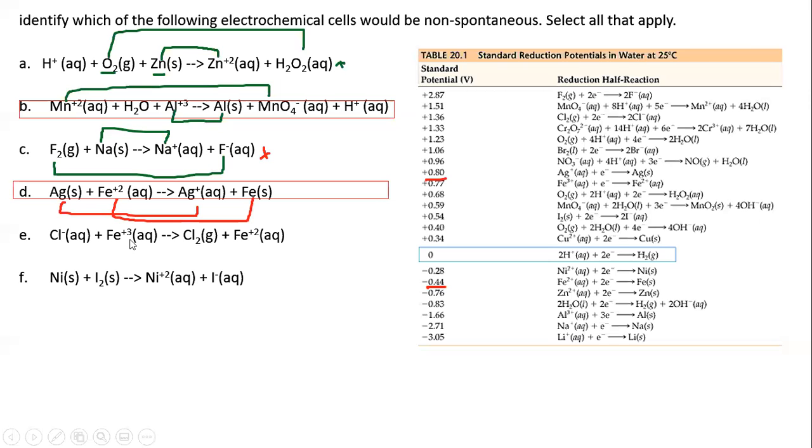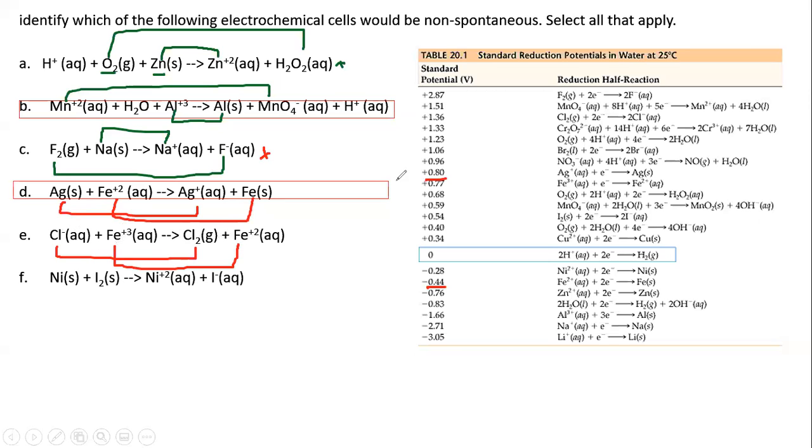Next we have chloride plus Fe3 plus gives us Cl2 and Fe2 plus. So again we have chloride oxidized to Cl2 and Fe3 plus reduced to Fe2 plus. So again, what we're looking at to know if this is spontaneous is whether the reduction potential of Fe3 plus to Fe2 plus is greater than the reduction potential of Cl2 to Cl minus.